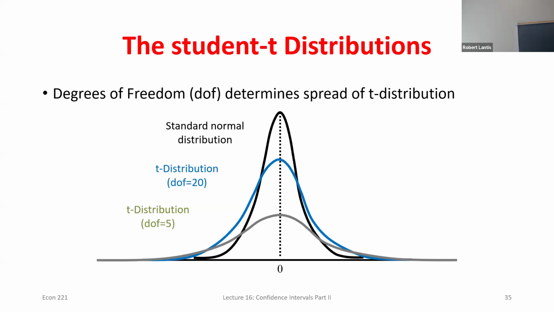Remember, all these distributions are telling us the probability that I see values near the mean. This is the standard normal distribution, so we know the mean is 0.